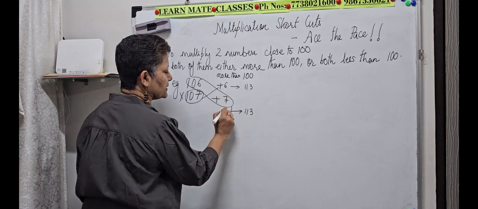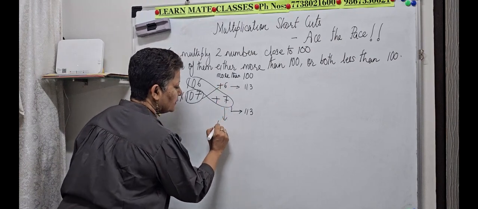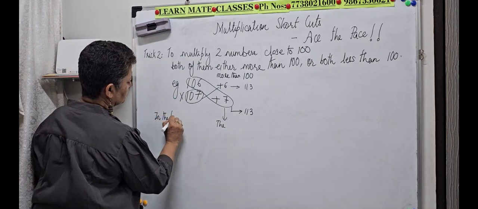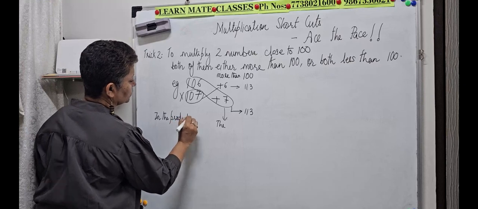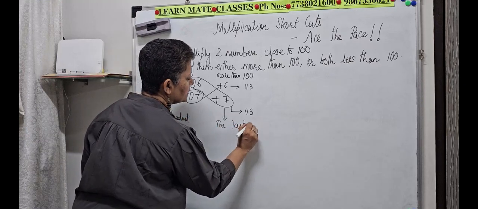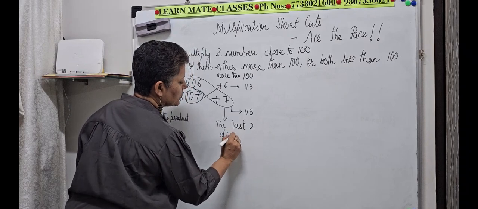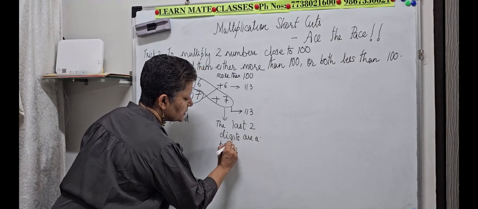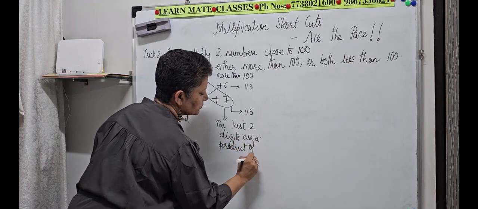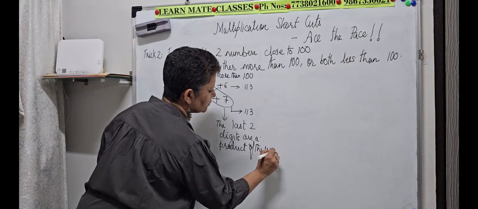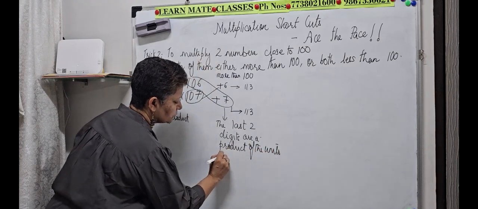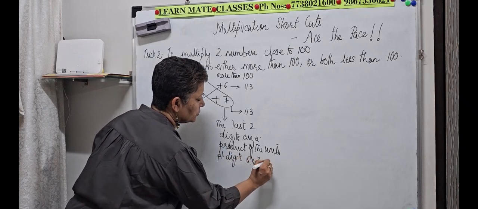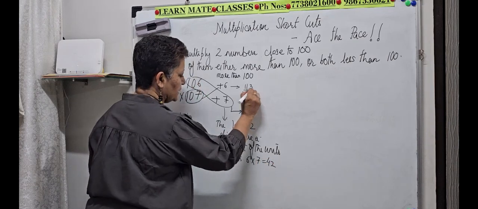The last two digits in the product are going to be a product of the units place digit, so that is 6 into 7, which is 42, and the balance number is this.